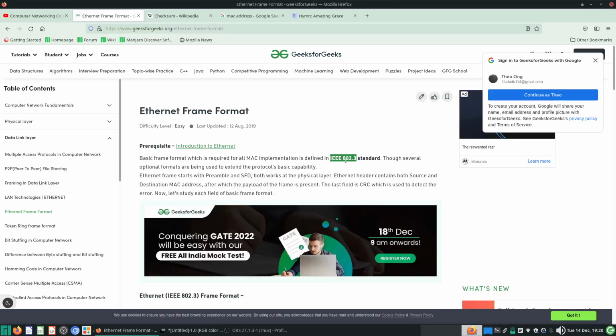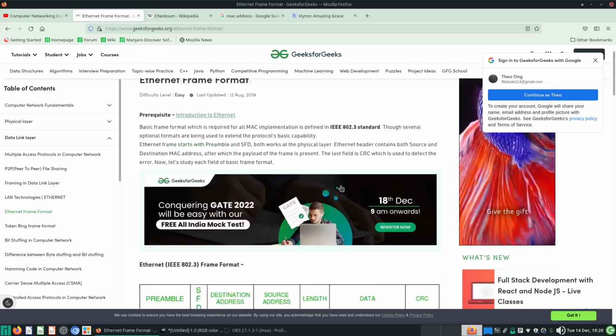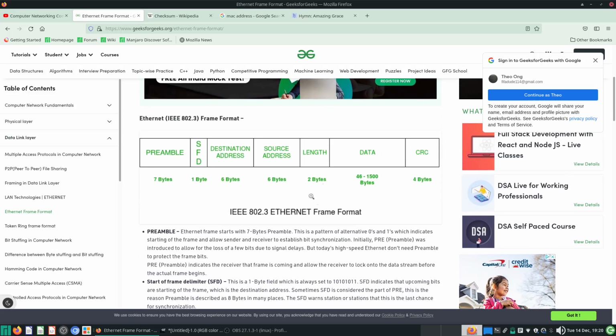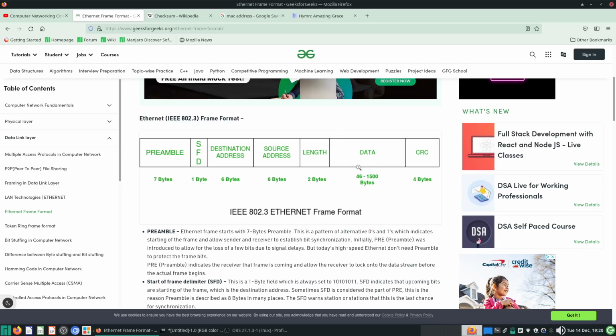Of course, there are other formats as well, but this is more or less what I covered. You have data, which is the contents of the letter.